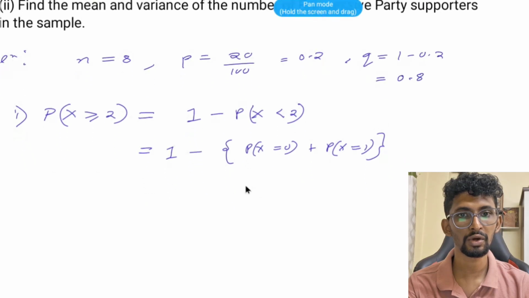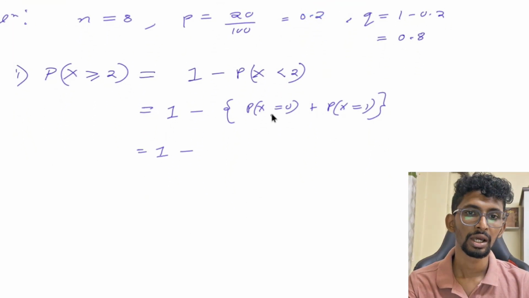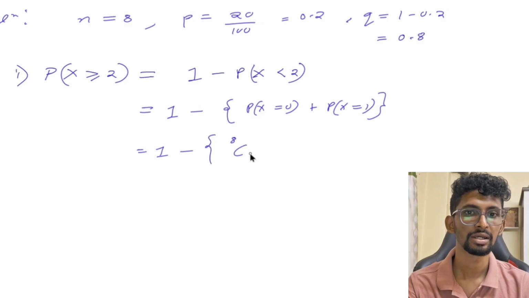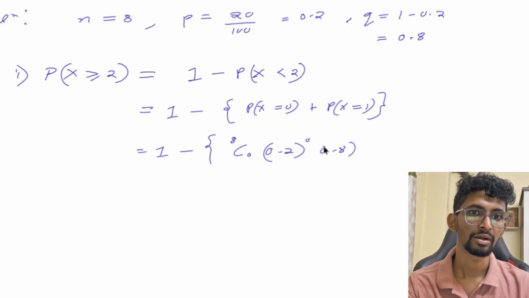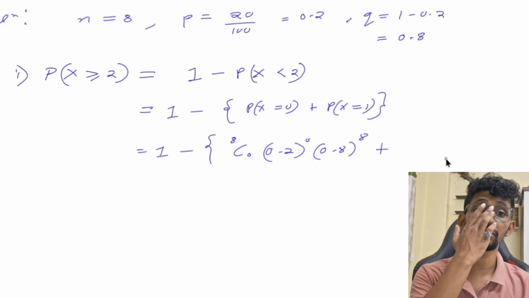So what will be P of x equals 0? That will be NC0, that is 8C0, P raised to the power r, that is 0.2 raised to the power 0, times 0.8 raised to the power 8 minus 0, which is 8. Then plus P of x equals 1.